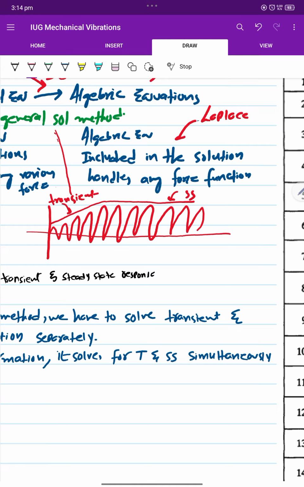To solve this using the general solution method, we have to use the homogeneous solution for this part and the particular solution for this one.